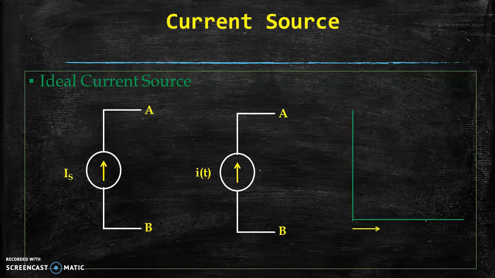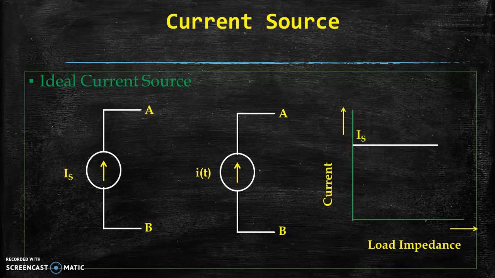On the x-axis we have taken load impedance. On the y-axis we have taken terminal current. In case of load impedance increase, source current always remains constant in case of ideal current source. The meaning is there is no internal resistance or impedance connected across the source.